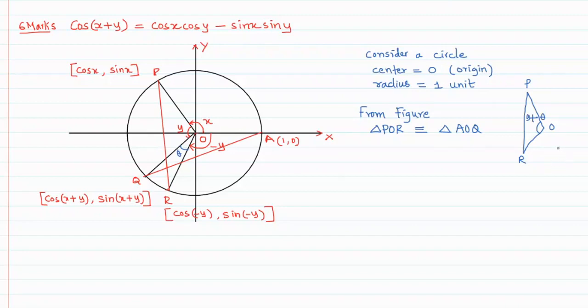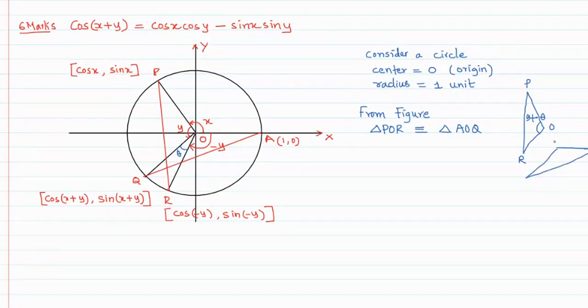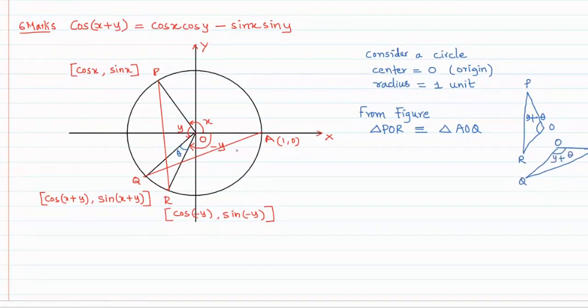Similarly in triangle AOQ, this angle is also y plus theta. Minus y indicates that we are moving in the negative direction, but the magnitude will be the same. If y is 60, this is also 60, but in the negative direction, minus 60. So these two angles are the same.